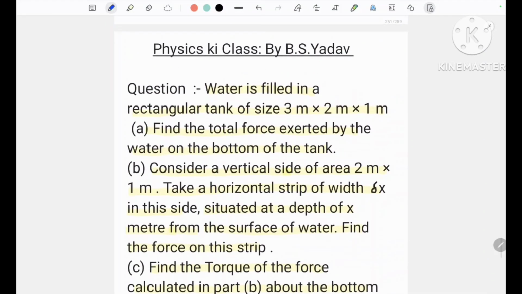तो टैंक है रेक्टेंगुलर टैंक, उसकी length is 3 meter, breadth is 2 meter and height is 1 meter.